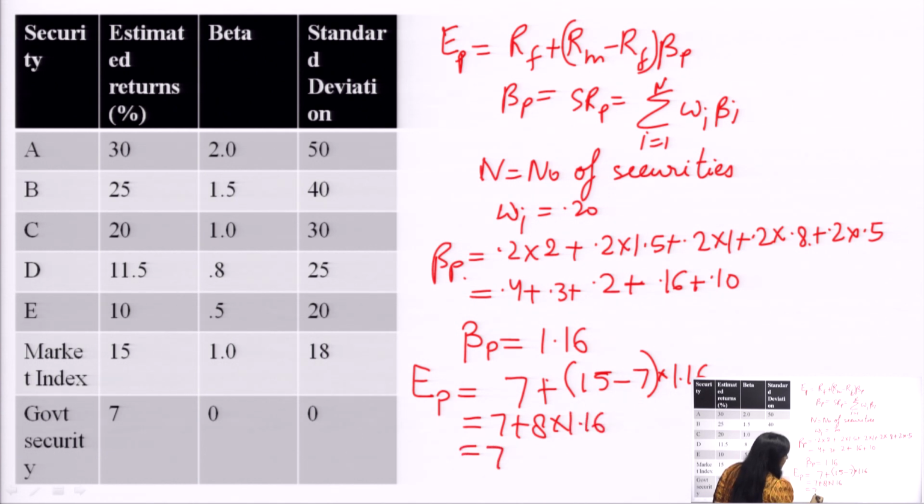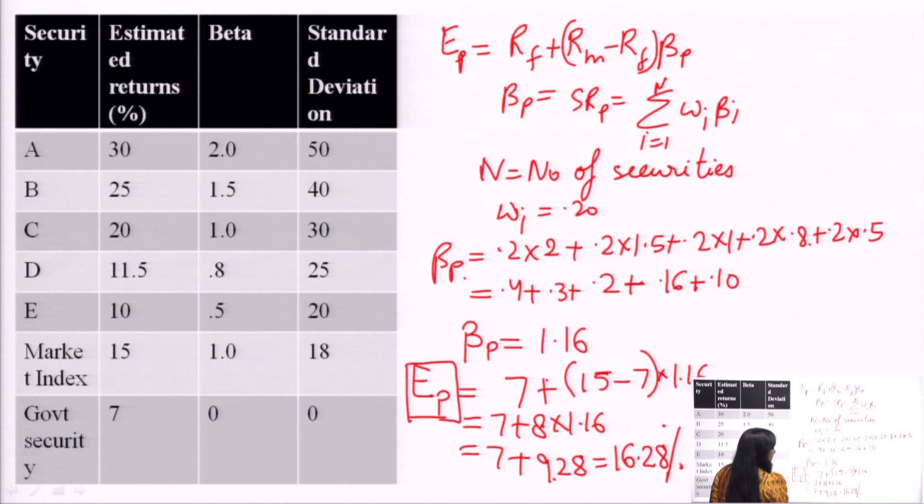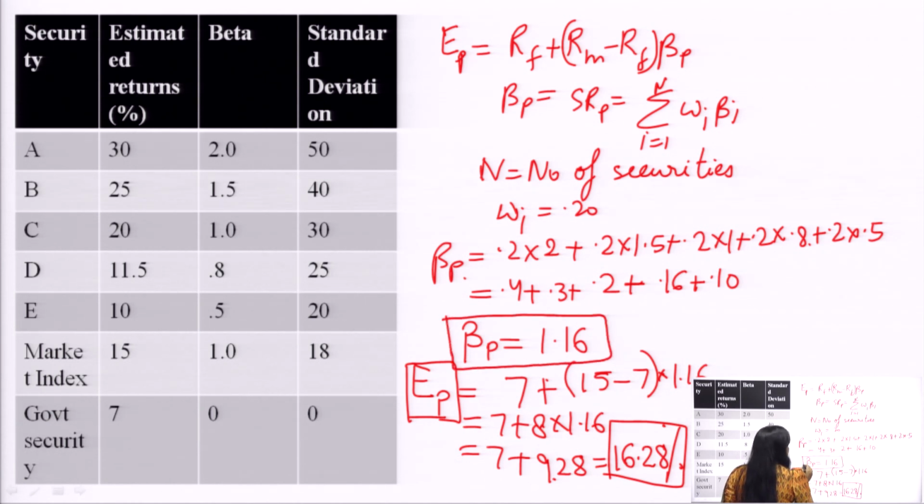Our answer would be 7 plus 9.28, which is 16.28%. So, this portfolio of these 5 securities would be giving us a return of 16.28%, and the systematic risk of this portfolio is 1.16. So, this is how we can solve this numerical.